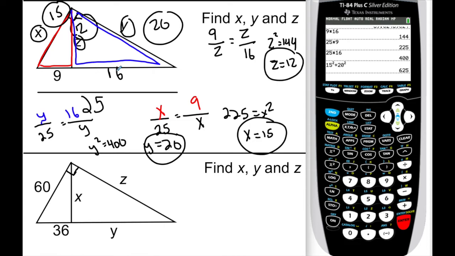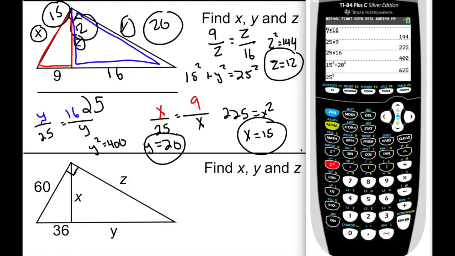And for y, you could use the Pythagorean theorem, right? So you know that 15 squared plus y squared equals 25 squared, and you could have solved that. 15 squared is 225, right? So if I take 25 squared and I subtract 15 squared, that gets me 400, which is y squared.